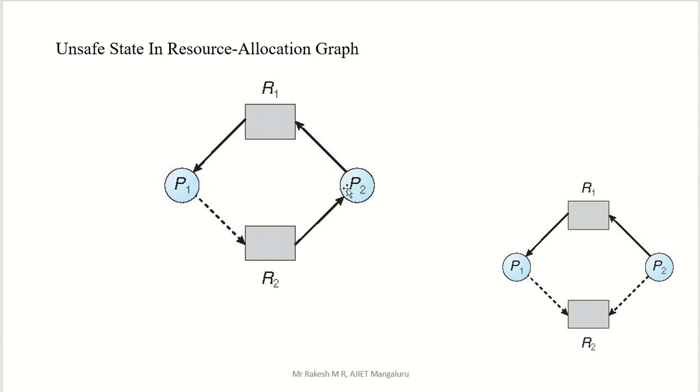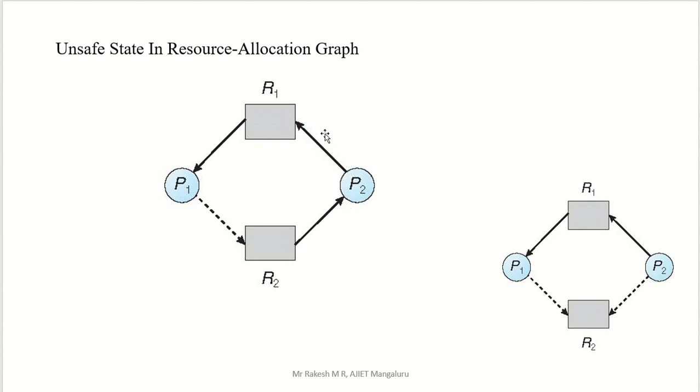R2 is assigned to P2, but there may be a chance that P1 may ask for resource R2 in future. That is a claim. At that time, since it is already allocated to P2, there is a chance of deadlock, because at that time here we get a request edge, and here there is an assignment edge.